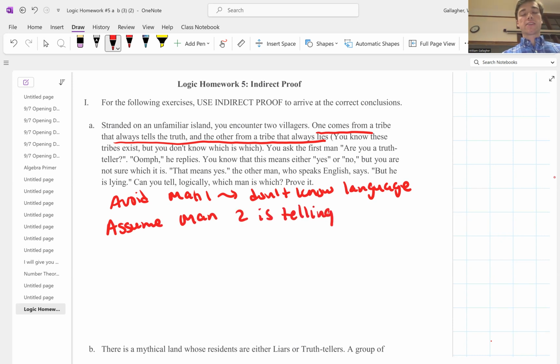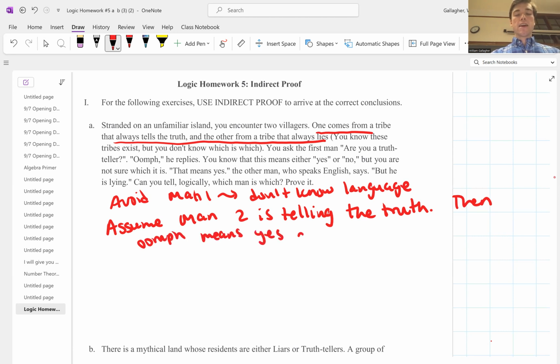And this actually tells us a few pieces of information, right? So we assume man two is telling the truth. Well, then oomph means yes, right? Then oomph means yes, and man one is lying.